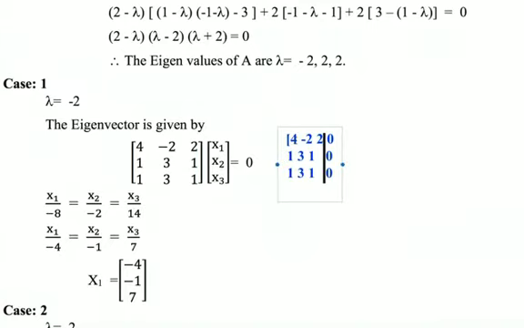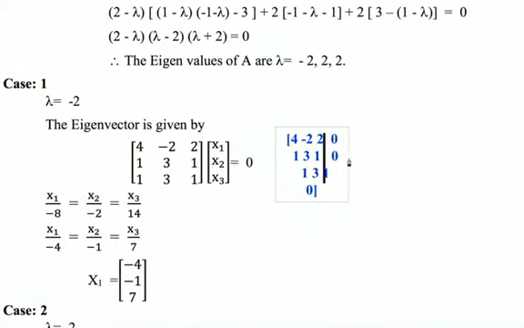Because in the case of B, it is entirely 0. That is the reason why we are not considering the B matrix particularly. Let me clear that in a moment.